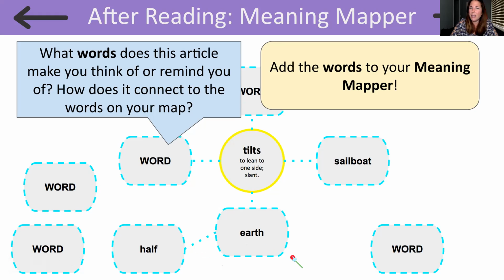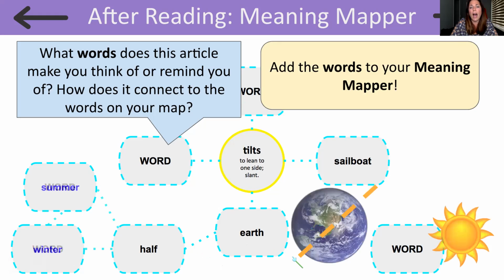So readers, as I was thinking about the information in our article, I was reminded of summer and winter. And I connected those two words to each other because when it's summer in one part of the Earth, it's winter in the other.